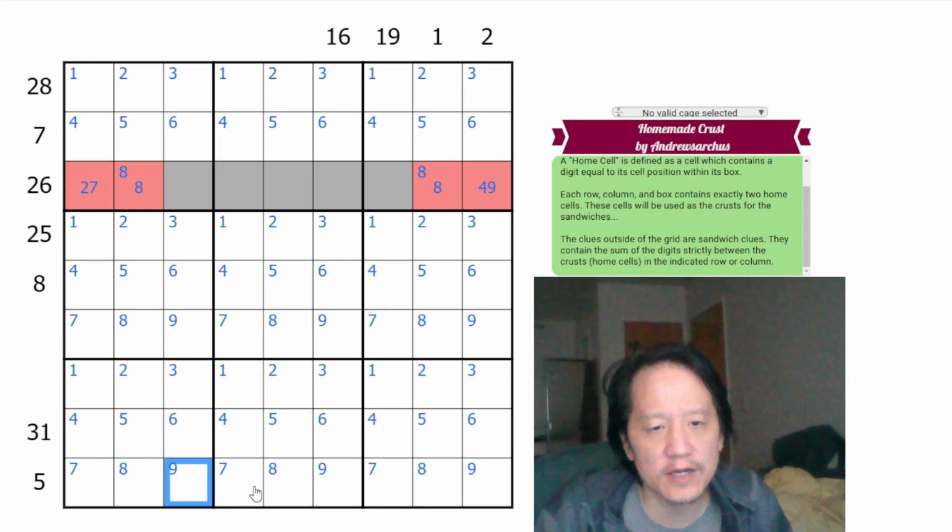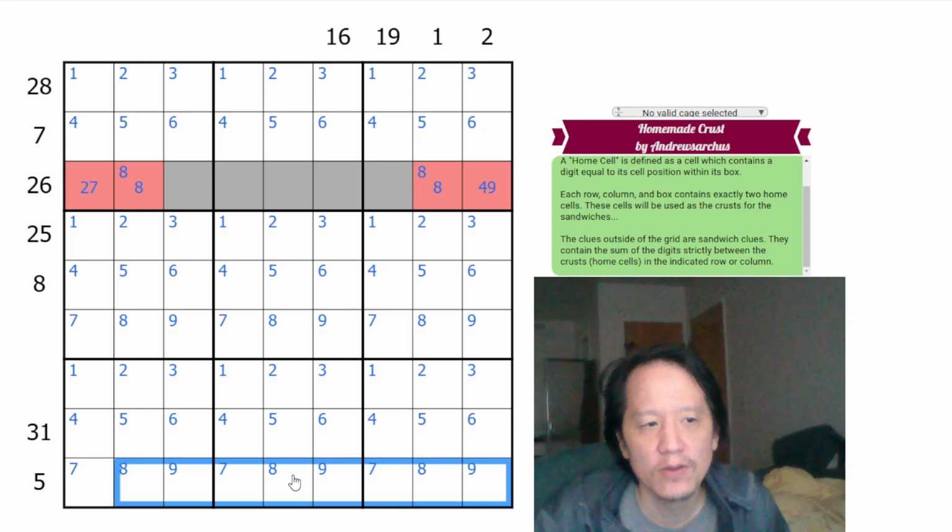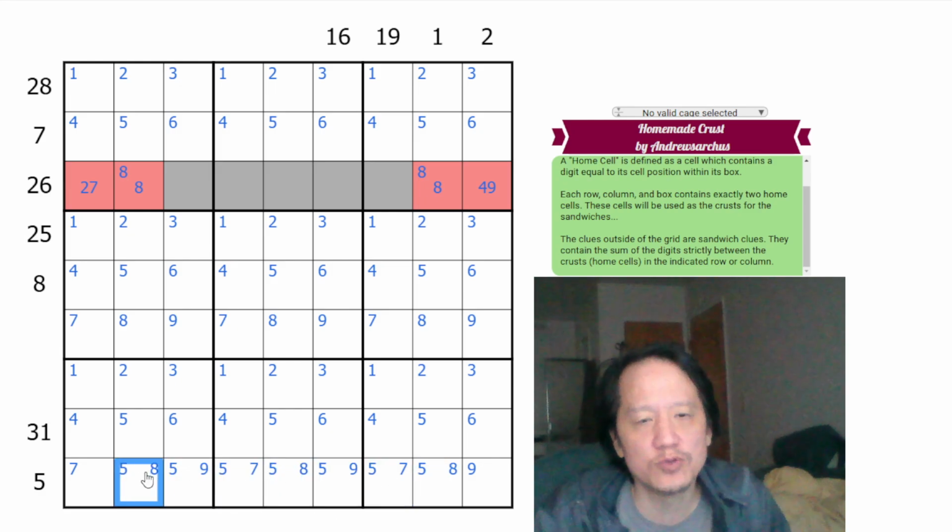And then if you have 8, 9, this has to be 9 or 8. So we know it can never be 2 apart, because if it's 2 apart, that would be 7 and 7. This would be 8 and 8, and you can't have 2 8s in the same row or 2 7s in the same row. So we know the 5 has to be in between the 2 crusts.